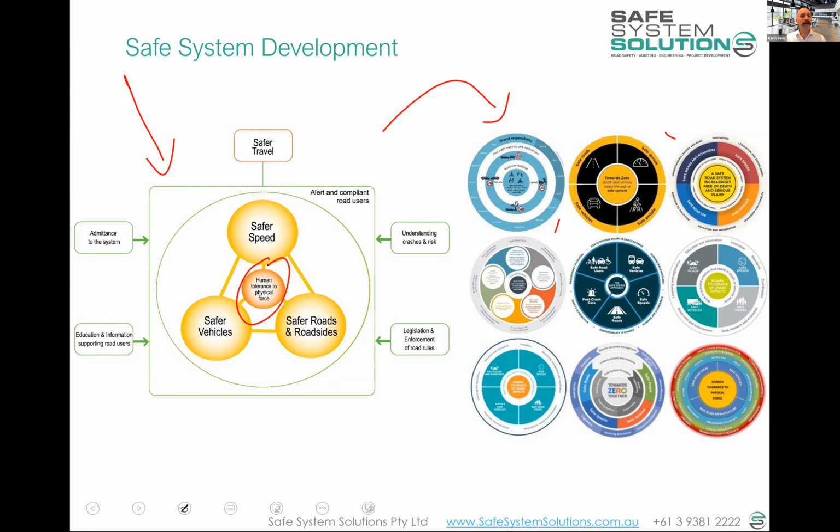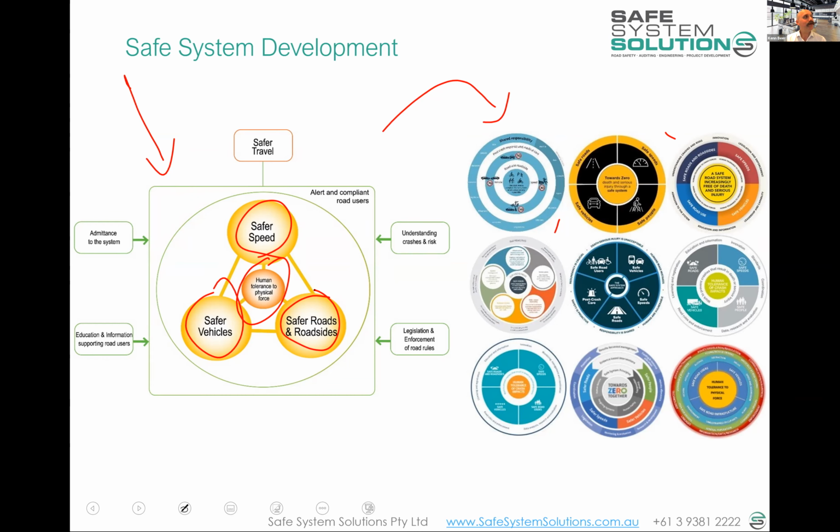Then around that, we had the elements that were seen as how we would achieve this safe system. We saw there the vehicles, the speed of travel, and the roads and roadsides. And that was it. That was the whole system. The circle was around it.